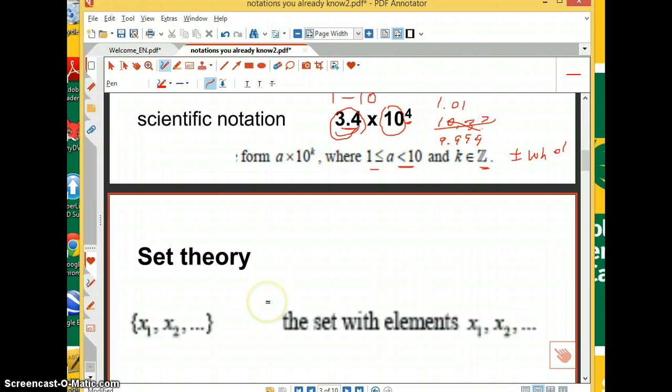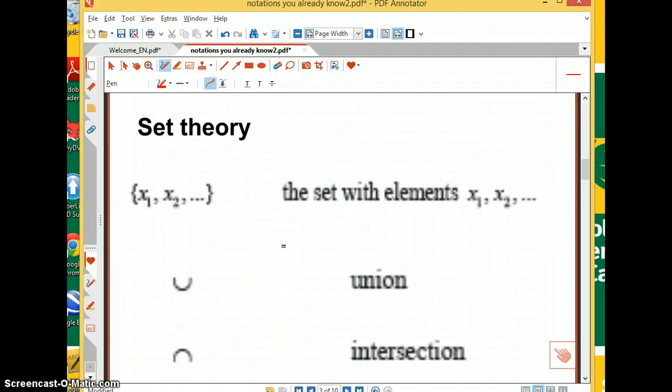All right. Set theory. Set theory is something that you probably had when you were very young. It's like, okay, what animals are in the set of four-legged animals? There would be dog, there would be cat, etc. And then you also have the set of animals with short or no tails.